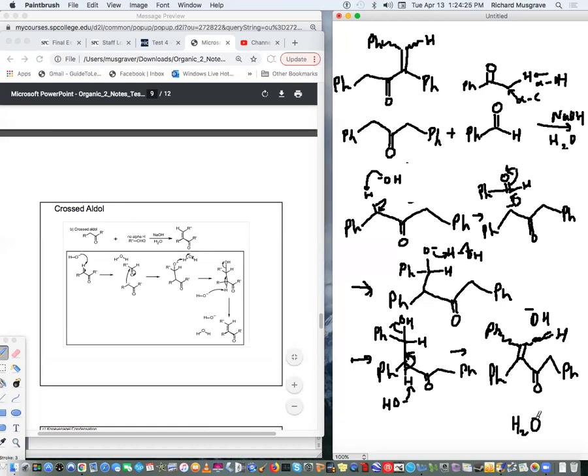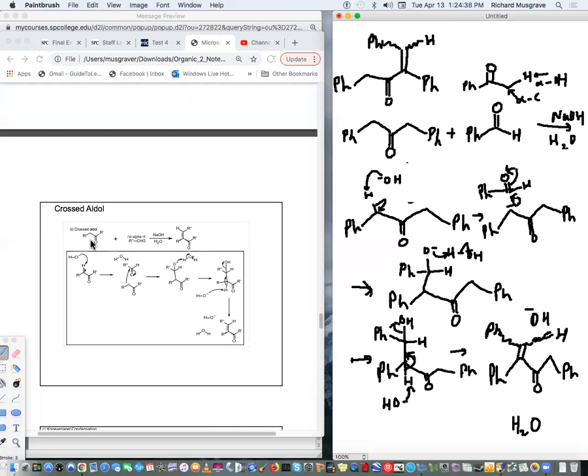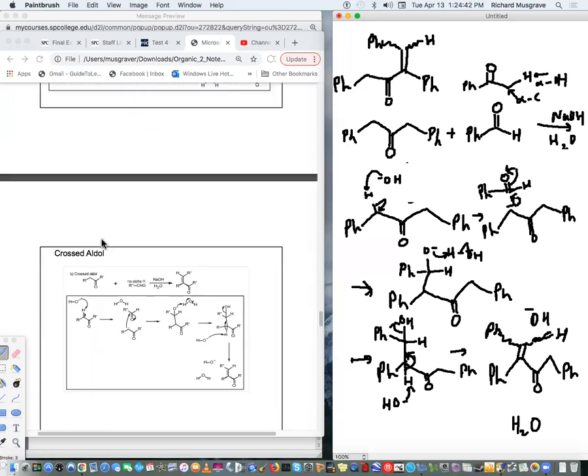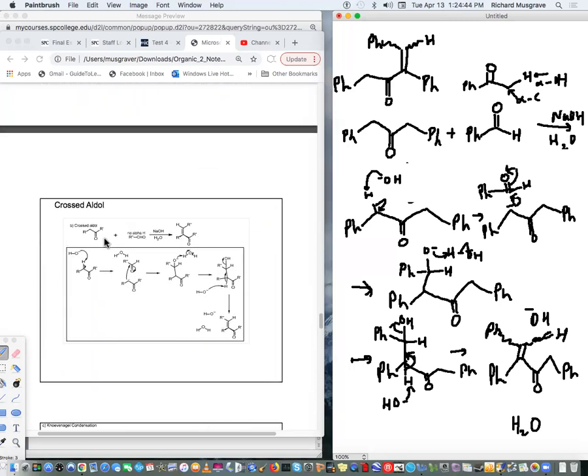That's one thing. And the other thing I talk about in the video is how the reaction is set up so that the compound here that does have the alpha hydrogens doesn't react with itself and do an aldol reaction like up here. So if you're interested in exactly how that happens, watch the video about crossed aldol, and that'll give you a good idea of what's going on.